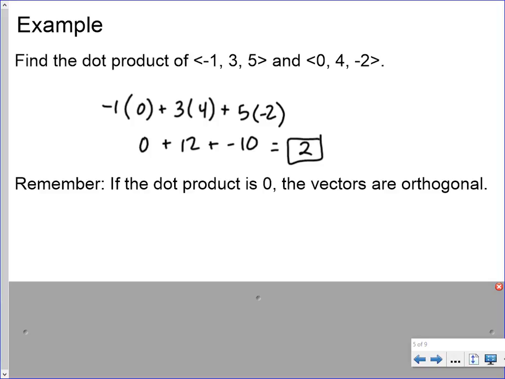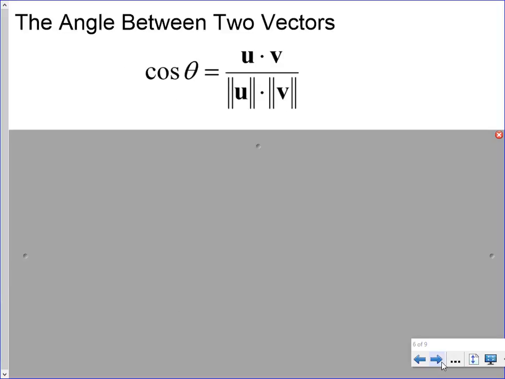Speaking of angles, I think our next slide is going to be the angle between two vectors. Do you remember this formula? Cosine theta is equal to the dot product of u and v divided by the product of the magnitudes for u and v.